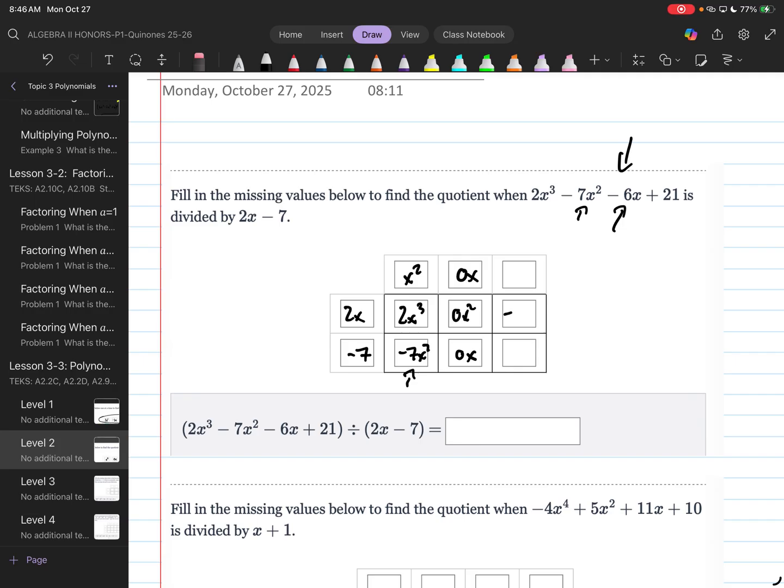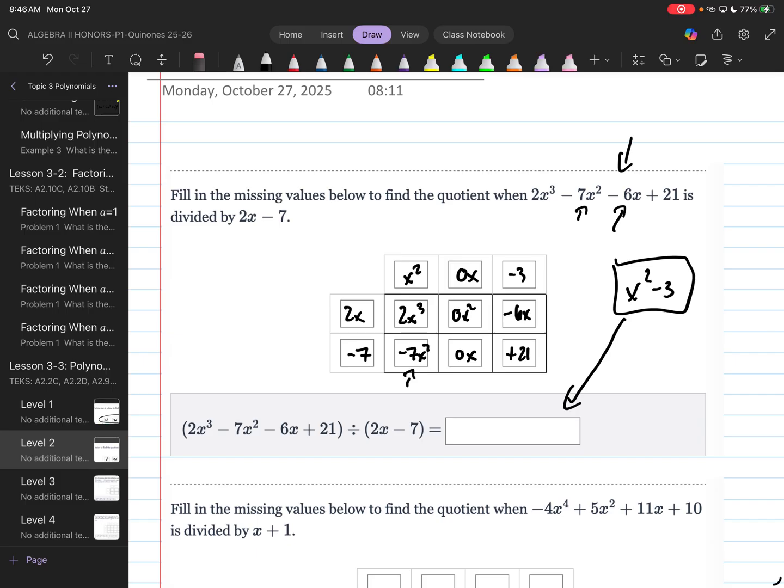Well, then this has to be negative 6x. And then what times 2x will give me negative 6x? Negative 3. And then negative 3 times 7 gives me positive 21. So then my answer, if I don't want to put 0x, which we shouldn't be putting, is x squared minus 3.